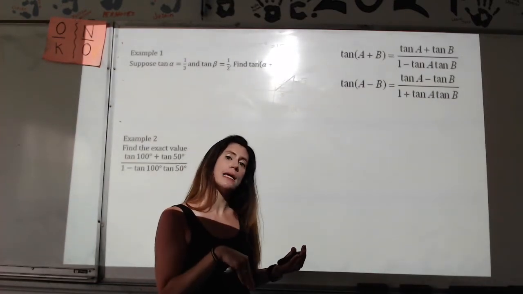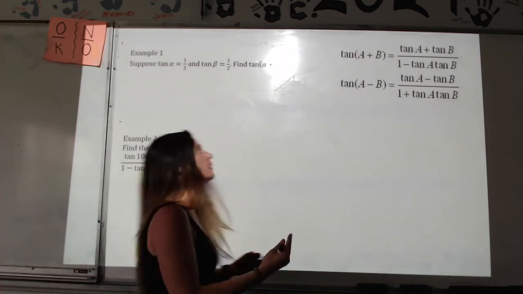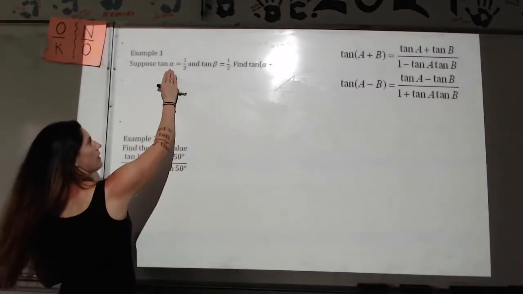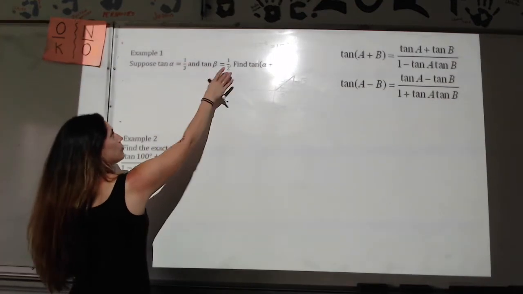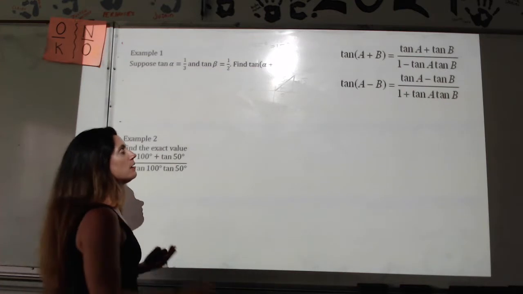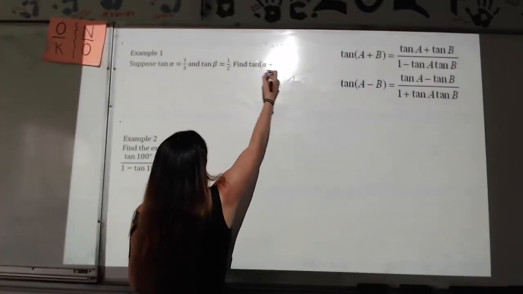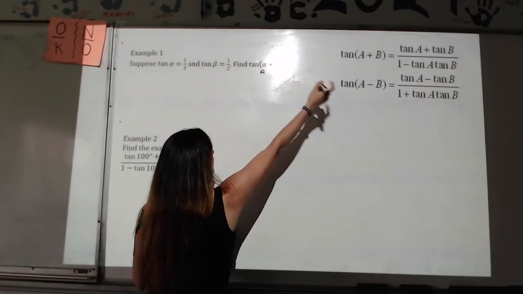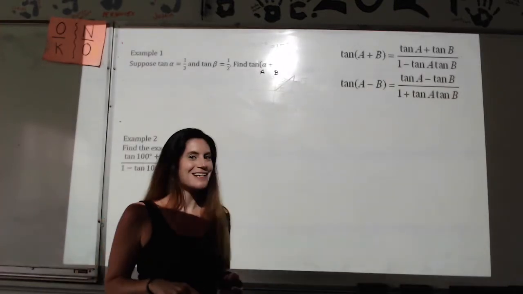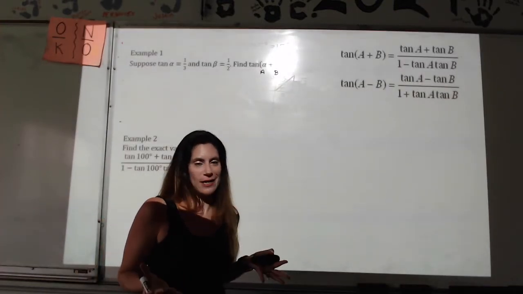I'm going to go through a few examples now to show you how to apply them. So let's start with a problem like example 1, where I want the tangent of alpha and the tangent of beta to be equal to 1/3 and 1/2, and I want the tangent of alpha plus beta. So I'm going to apply the first formula, where alpha is the a in the formula and beta is the b in the formula. And just like we did in the last section, alpha and beta are just a Greek a and b.